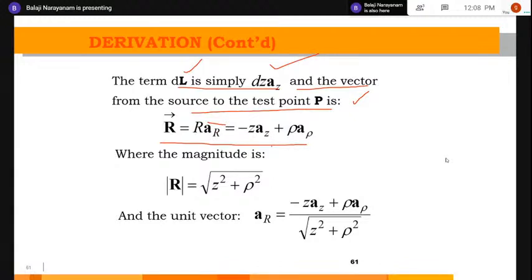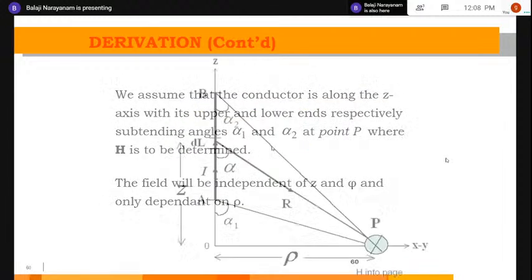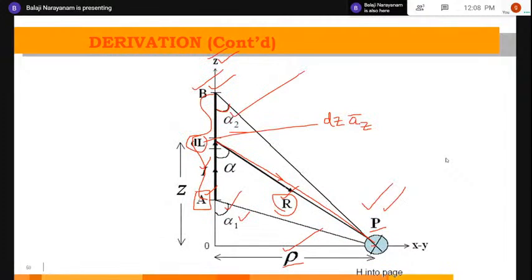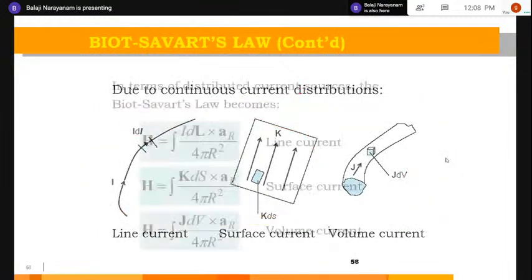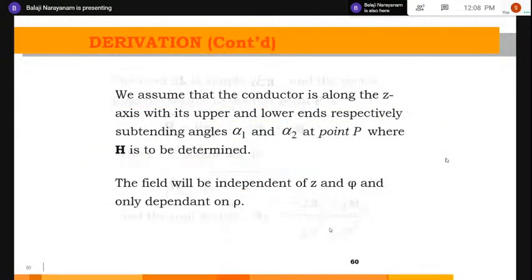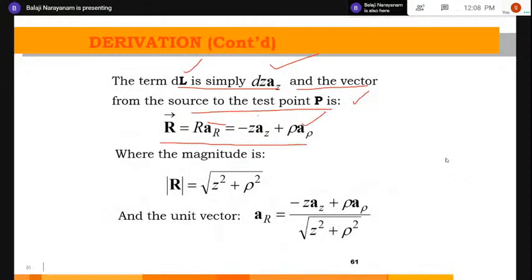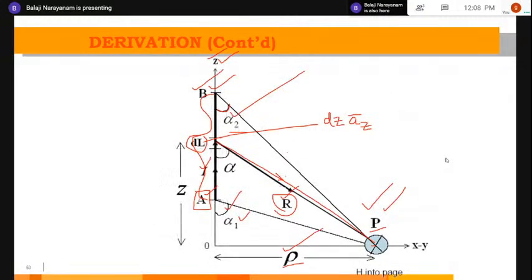It is the vector summation between z az and rho a rho. RaR is the vector summation between rho a rho and z az. That is what you will get.